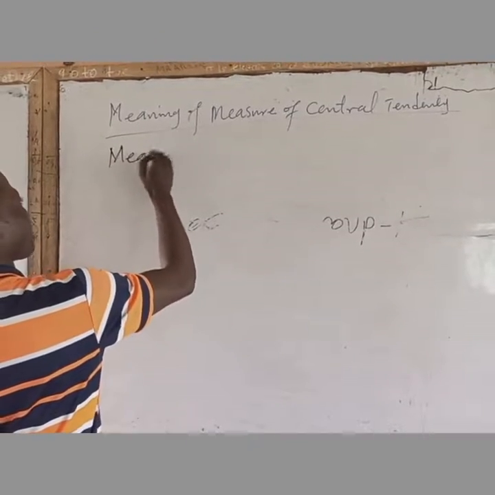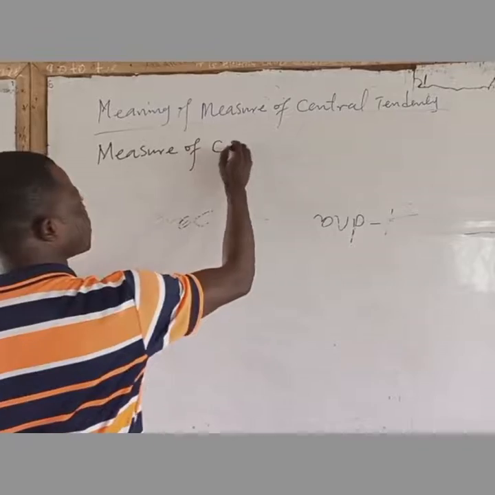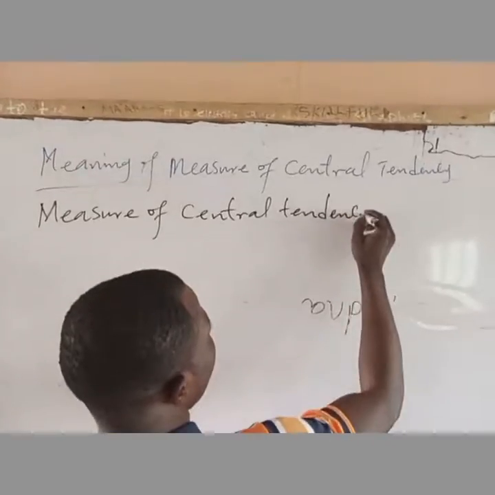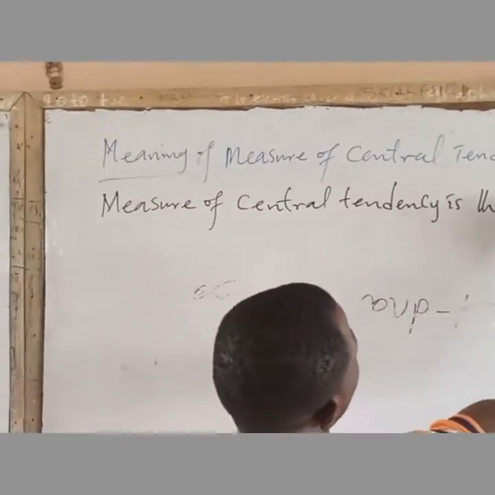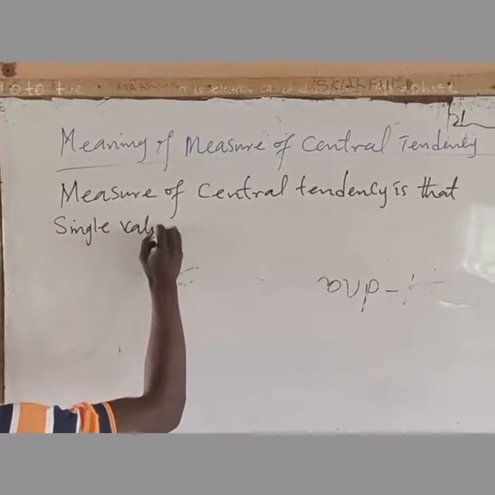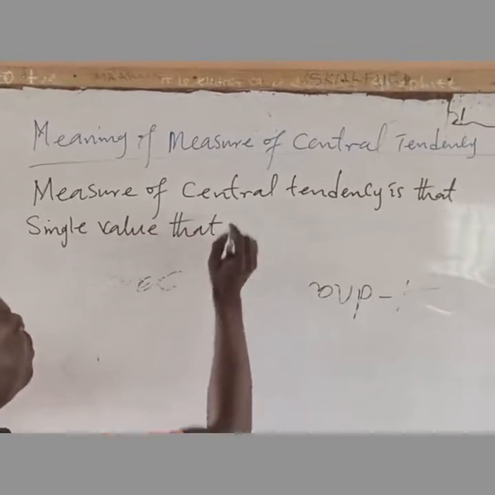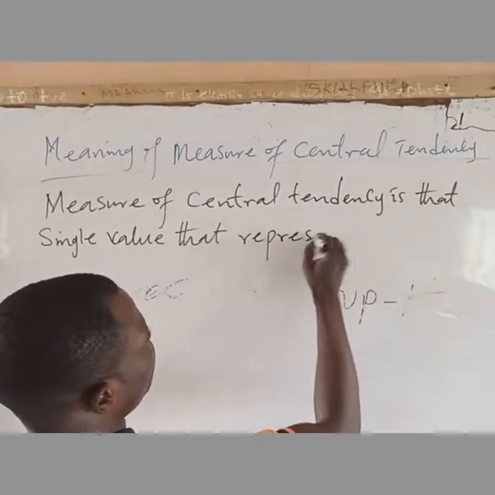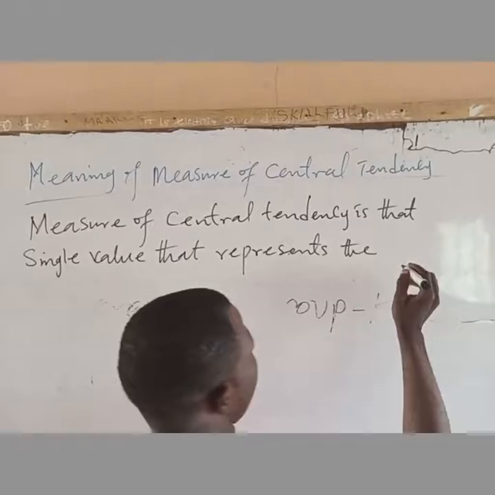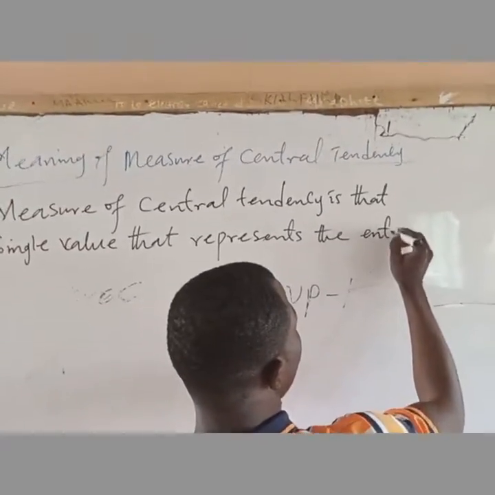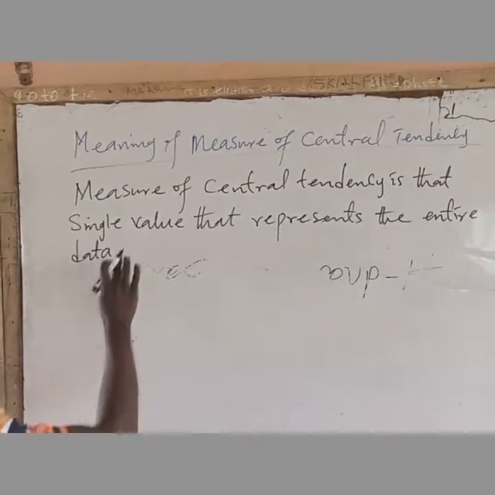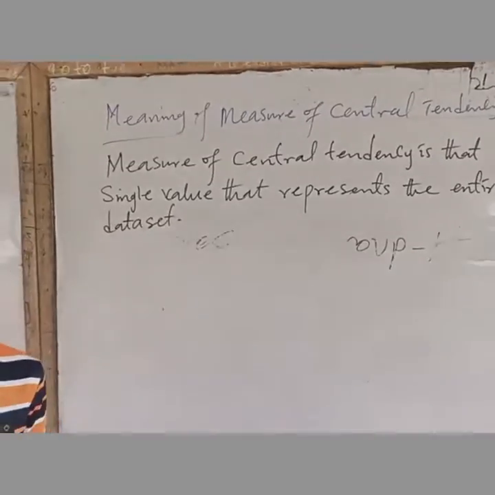Measure of central tendency is that single value that represents the entire data set.